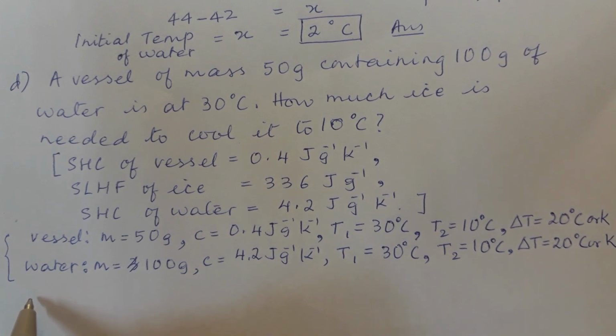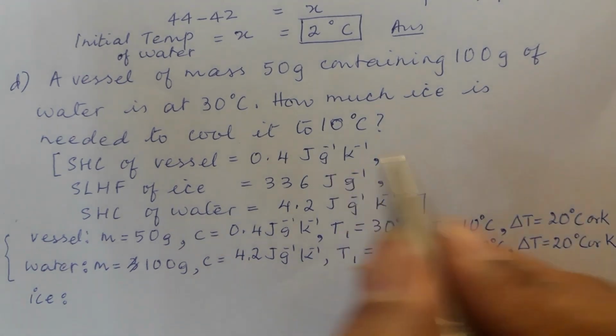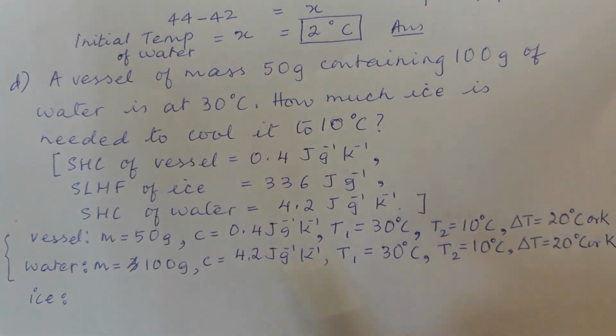Now let us come to ice. For the ice, they are asking how much ice is needed. So the question asked is the mass of the ice, which we'll call X gram. Now ice is going to be at 0 degrees C, it's going to be melting, and so we have to use the specific latent heat of fusion, that is LF, and that is 336 joule per gram.